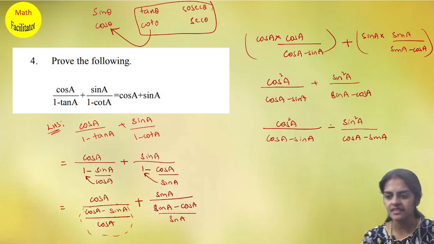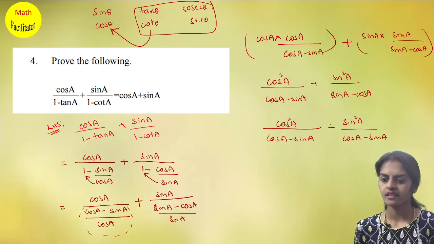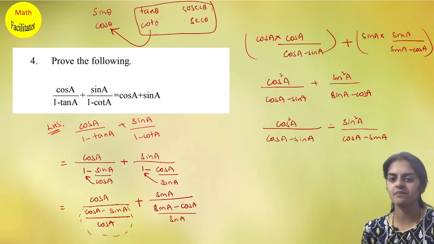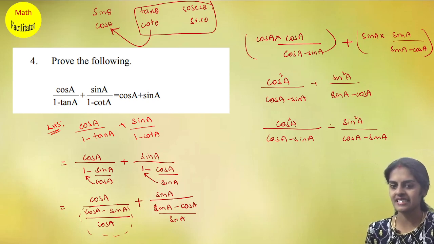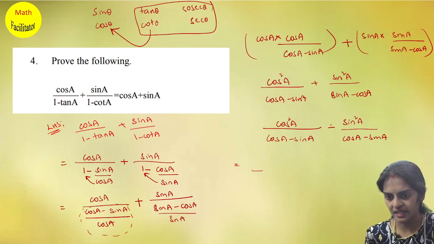Okay, so after this, just look at the step, you can take LCM. What is the term you can take as LCM? These are like fractions, isn't it? So directly LCM would be cos A minus sin A because these are like fractions.